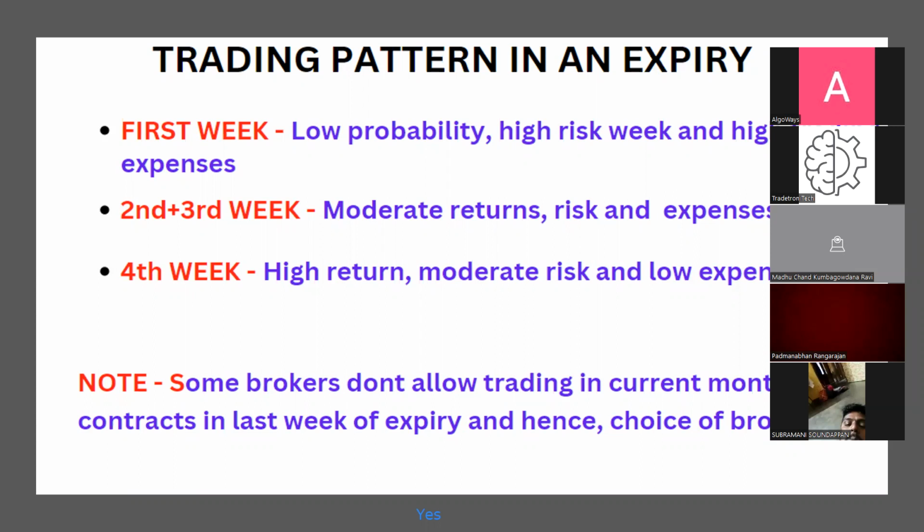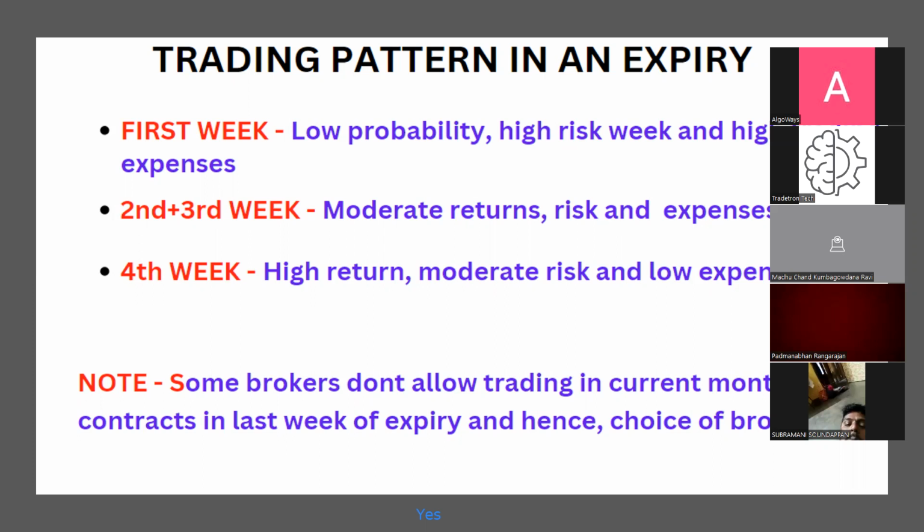Fourth week is high return, moderate risk, and low expenses. The expenses come down to around 80 to 100 rupees per counter, depending upon the premiums on different days. So the fourth week is a high expectancy, moderate risk, and low expenses week.